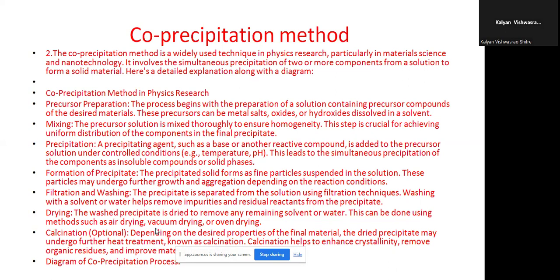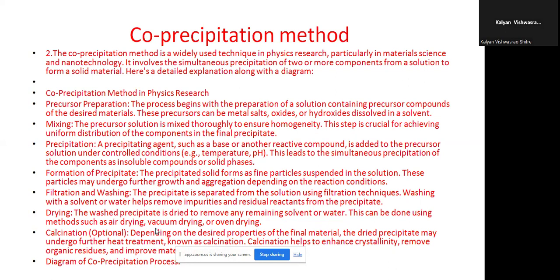This leads to simultaneous precipitation of components as an insoluble compound or solid phase. Formation of precipitate. The precipitated solid forms fine particles suspended in the solution. These particles may undergo further growth and aggregation depending on the reaction conditions.